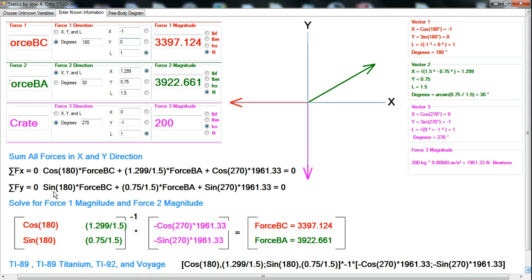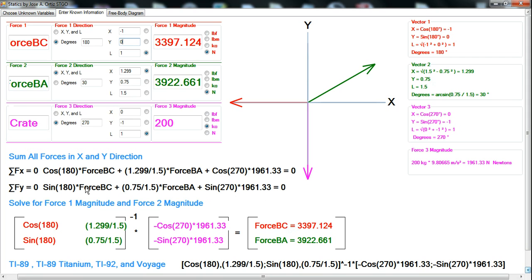And in the y direction, you have the sine of 180 degrees times force BC. So this here, it's 0, and plus 0.75 divided by 1.5 times force BA plus the sine of 270 times 1961.33, and that is equal to 0.